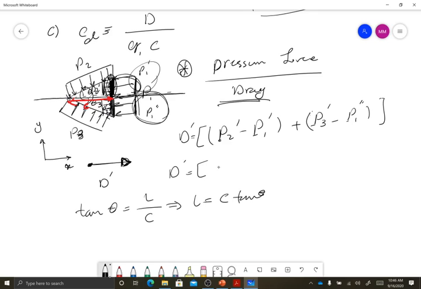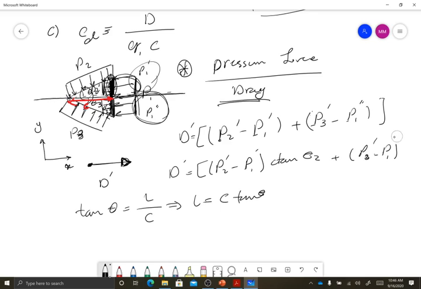So your D prime is P2 prime multiplied by C tangent of theta 2 minus P1 prime multiplied by C tangent of theta 2. We can factor this out. And then plus P3 prime minus P1 double prime.